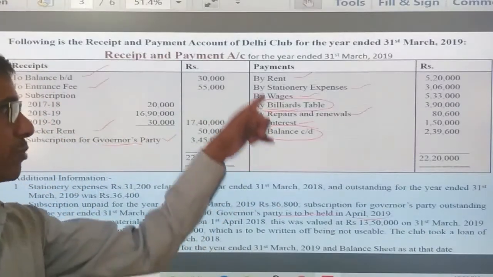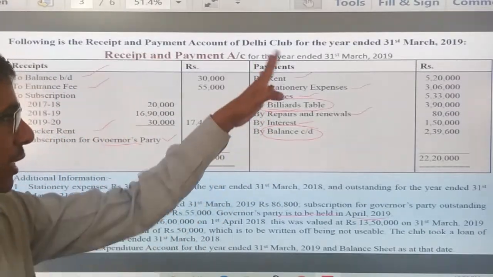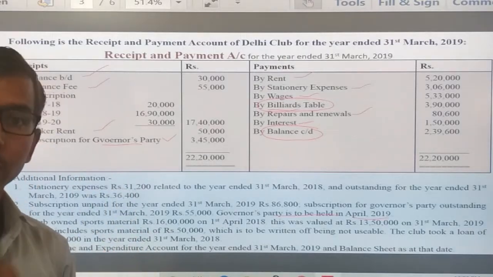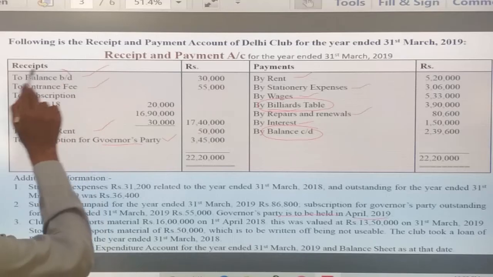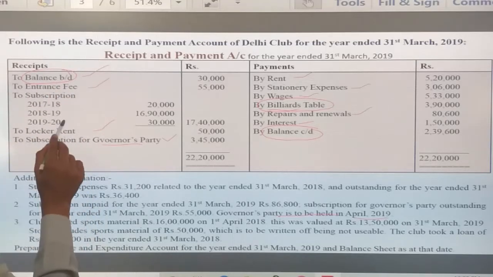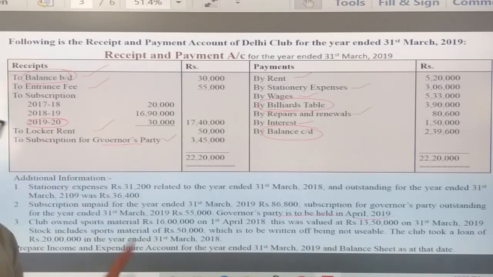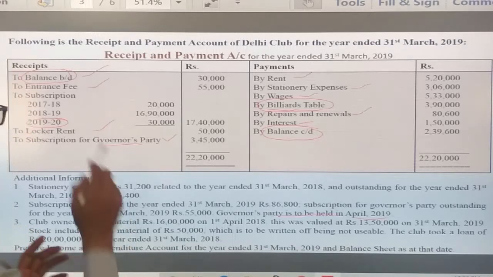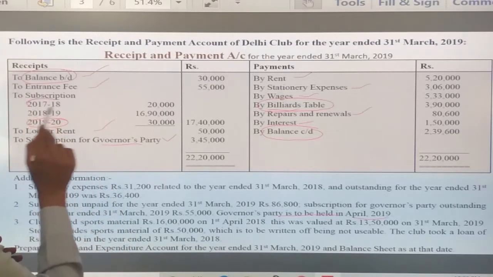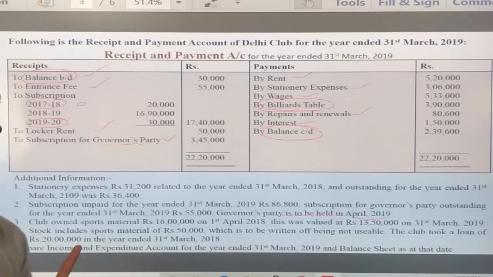So these two items will come from this side in balance sheet, other items will come in income and expenditure account. And from this side, this item will come in balance sheet and this item also will come in balance sheet, 30,000 rupees, which is advance. And this 20,000 rupees will come in opening balance sheet, not in the closing balance sheet.